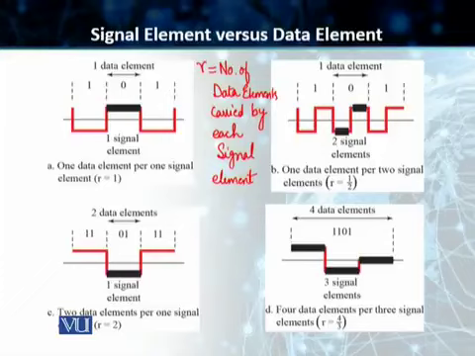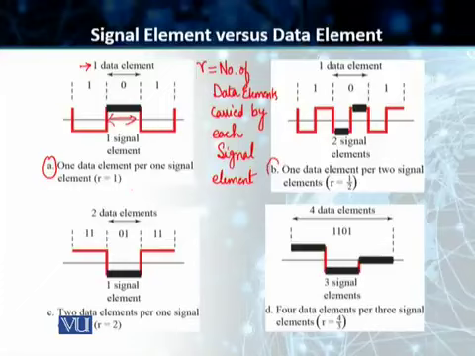So students, in the first scenario, A, you can see that we are sending one data element. We are sending one bit per one signal element. We have got one data element on the top and we have got one signal element that is carrying it. The ratio r is equal to 1.